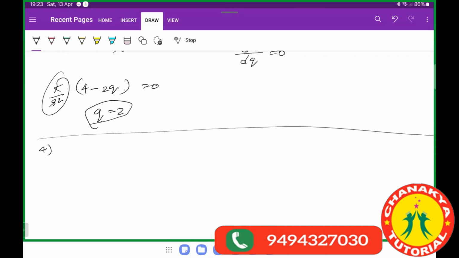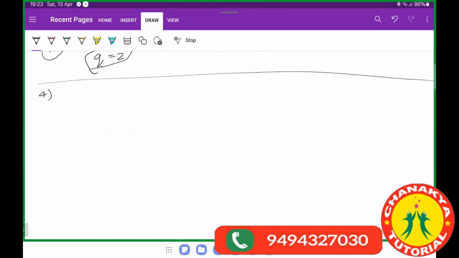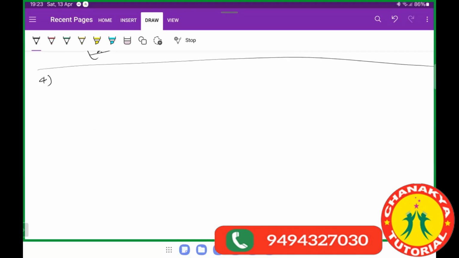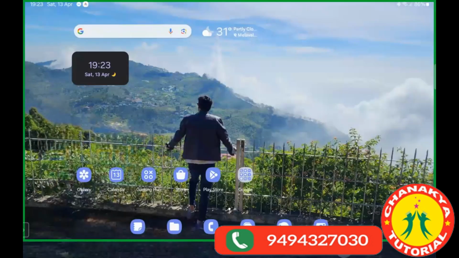Point charges are placed a distance d apart, and x from the midpoint. Okay, x from the midpoint means they are talking about the equatorial point, not the axial point. So this is Q. This is also Q. This is the midpoint. d by 2, d by 2.